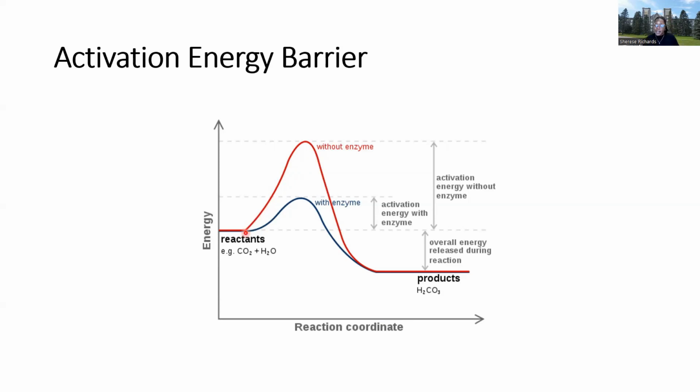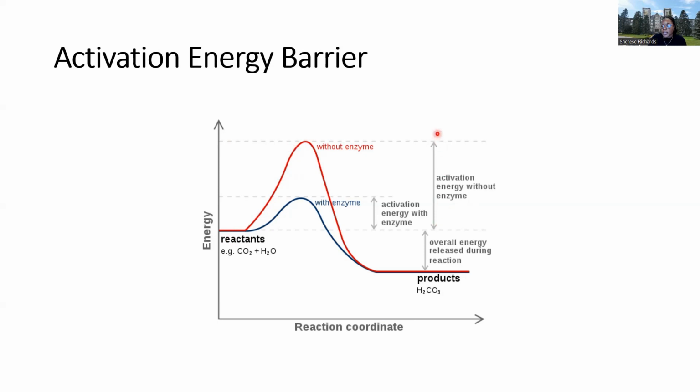If we didn't have the enzyme in the picture, notice how much energy it would take. So the reactants or substrates are going to be, for example, carbon dioxide and water, okay? And notice the red line here on our curve shows that it would take a lot of energy here on the Y. It would take a lot of energy for this reaction to proceed without an enzyme present.